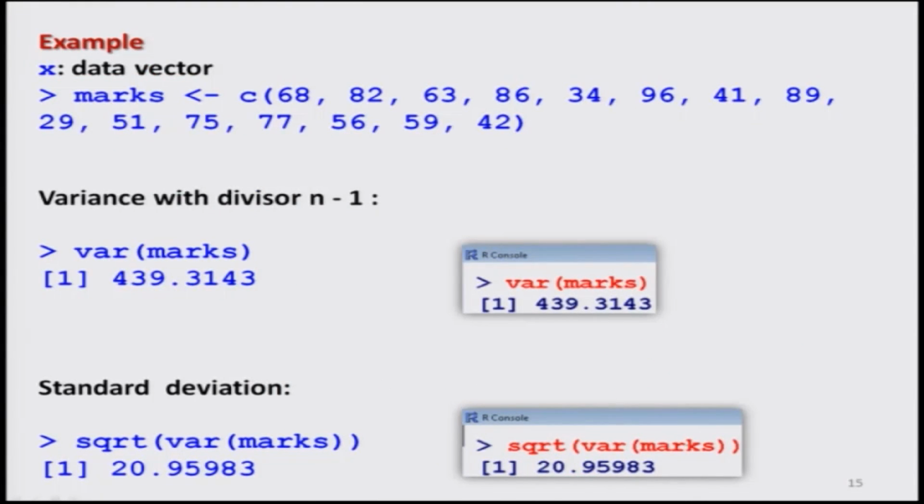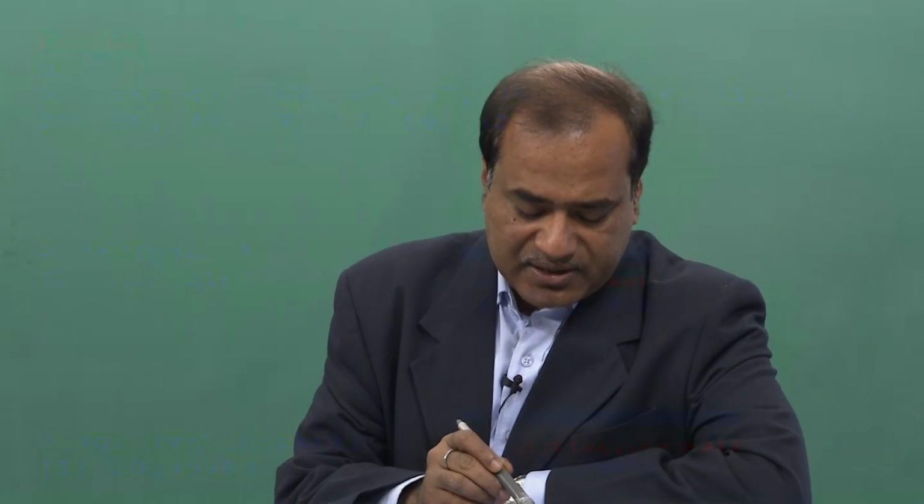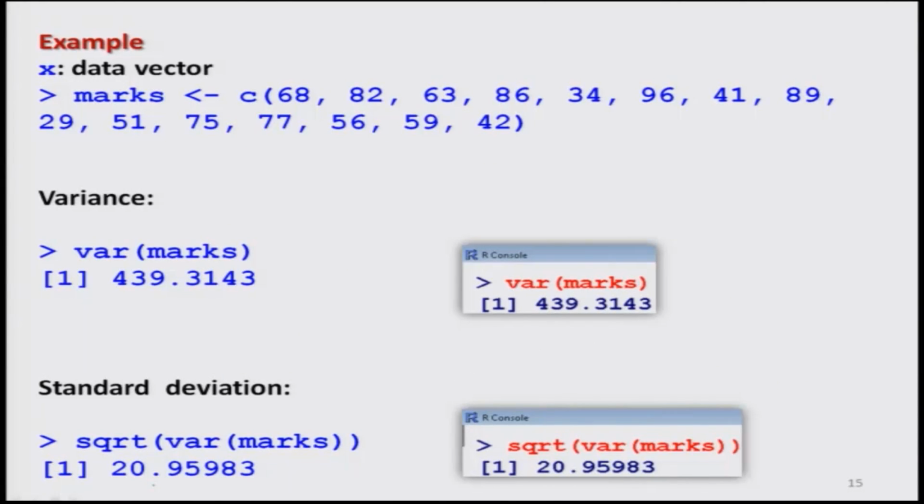Okay. Now we consider an example. This is the same data set we used in the earlier example, where I collected observations on the marks of 15 students, and they are combined inside a vector marks. I will apply all these functions that we have discussed to this data set.